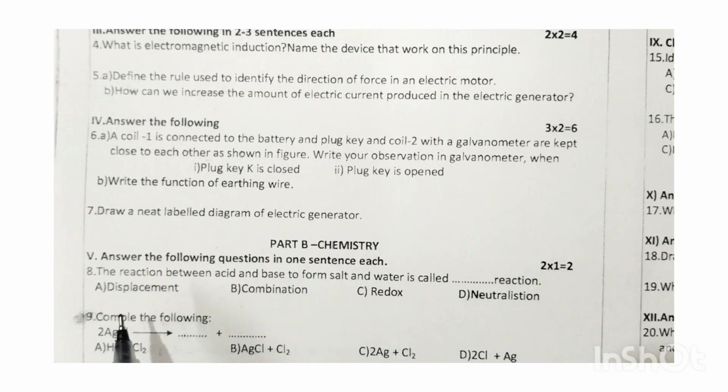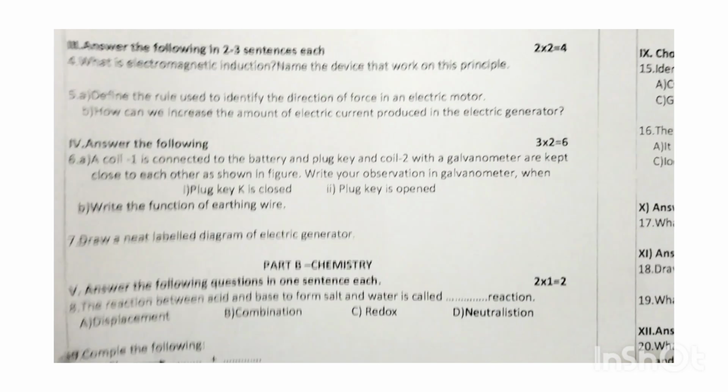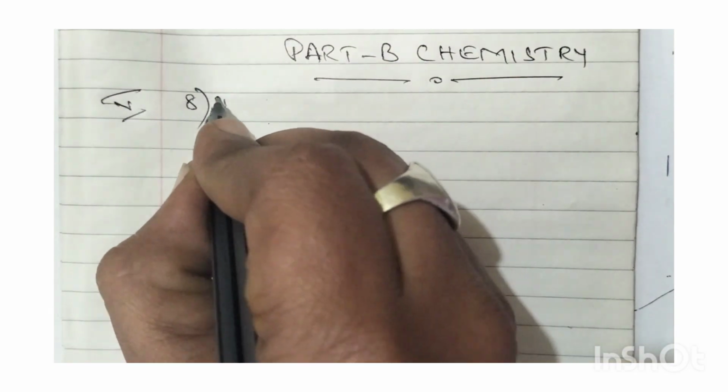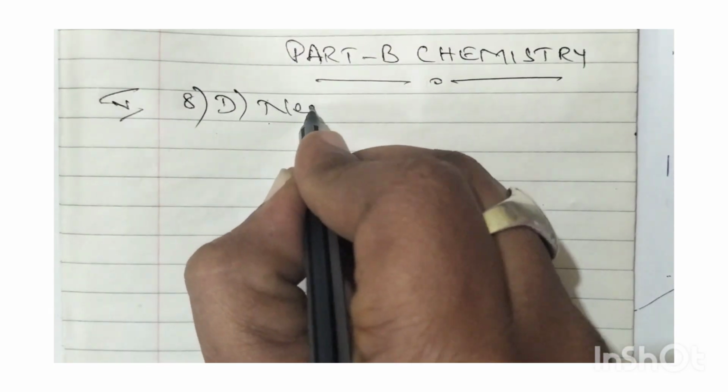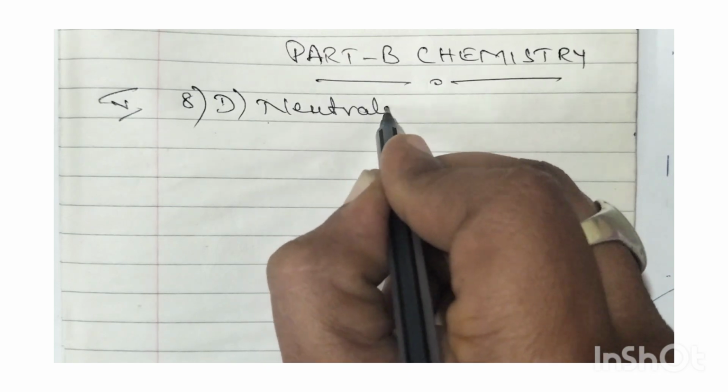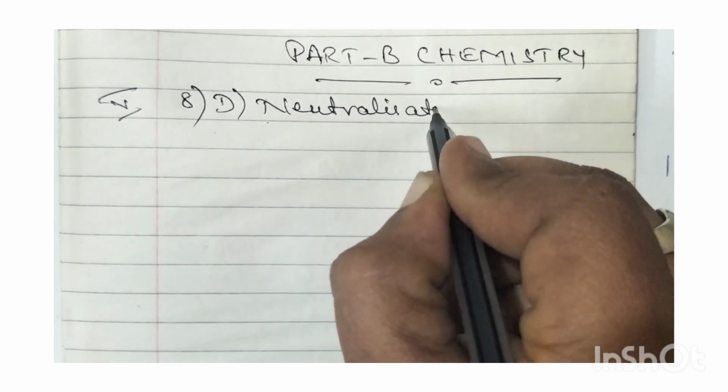The options are displacement, combination, redox, neutralization. The reaction between acid and base is always a neutralization reaction. So for the eighth question, the right answer is option D, neutralization.